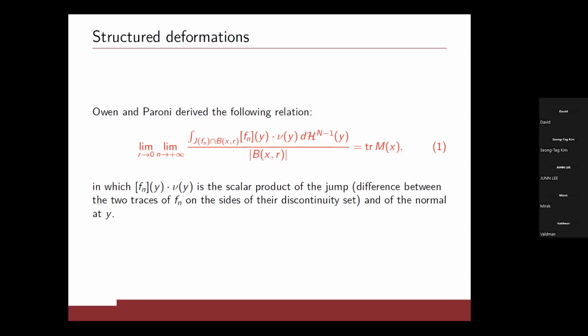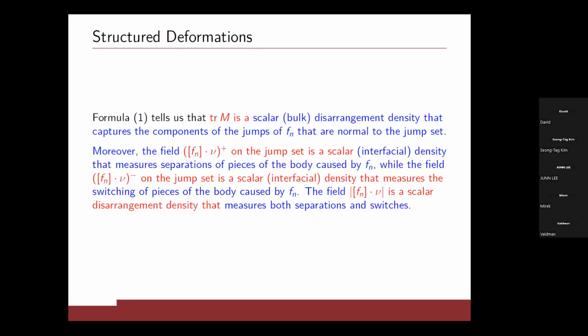Imagine that there are jumps, so that your Fn has different traces, and nu is the normal to the set where you have discontinuity of your Fn. They also gave a mechanical description of the positive part of this scalar product between Fn and nu, and the negative part. One takes into account the separation and the other the switching.